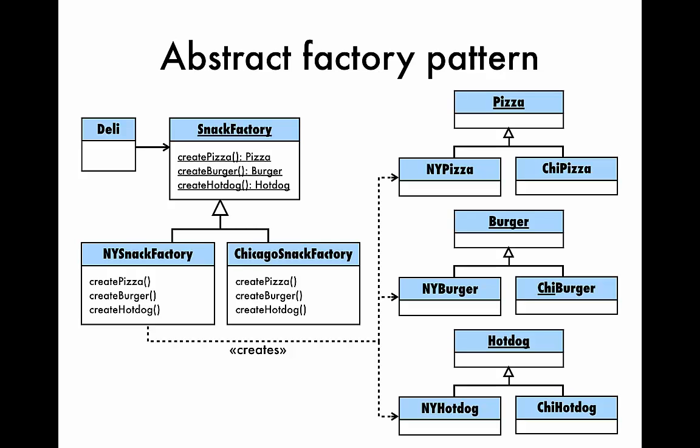Each type of object has its own abstract class and implementations that correspond to the objects that the different factories create. Notice that the signatures in the abstract factory must return the abstract types pizza, burger, and hot dog rather than a specific implementation. This makes sense because we may not know at compile time which snack factory implementation we're going to use.